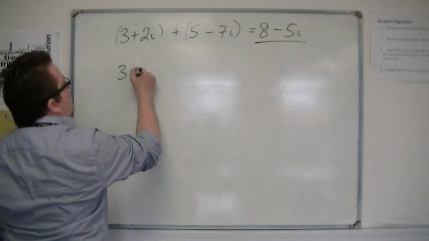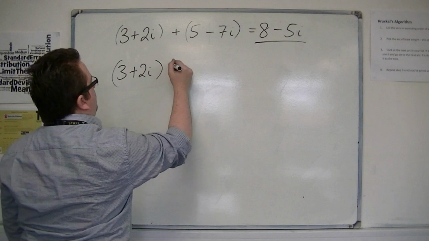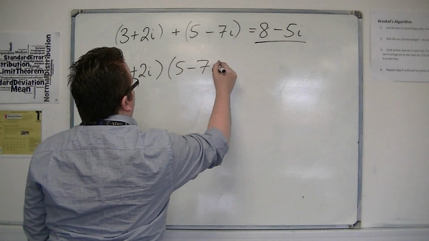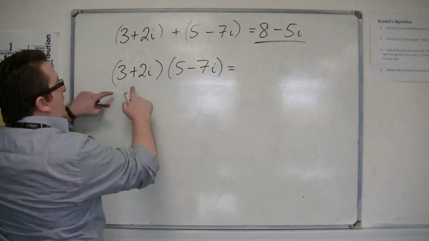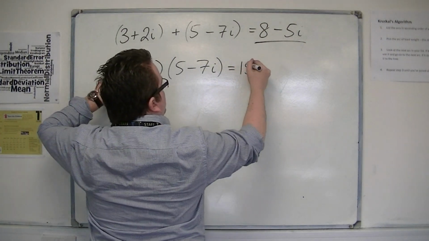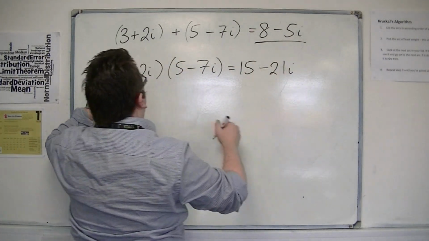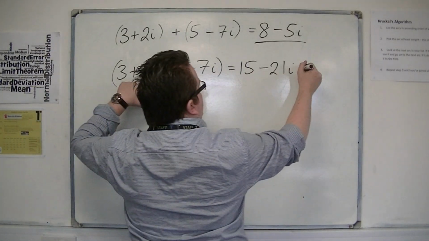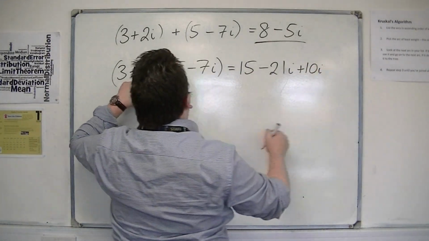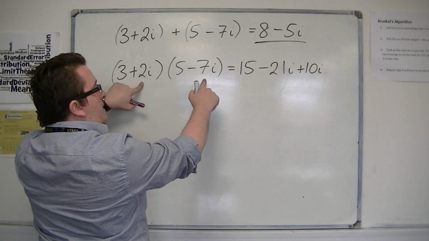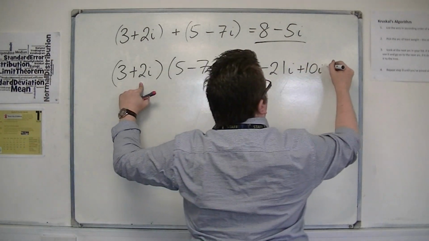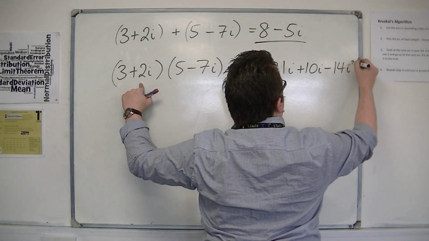If you wanted to find the product, then we're going to have 3 times 5 is 15, 3 times minus 7i is minus 21i, 2i times 5 is 10i, and then you've got 2i times minus 7i, which makes minus 14i squared.